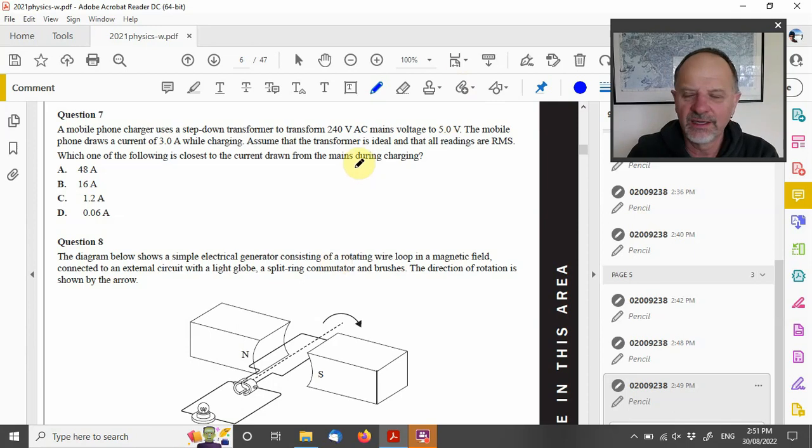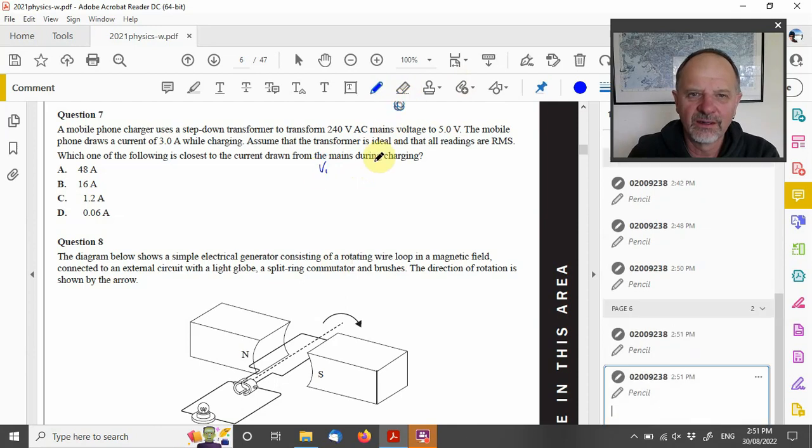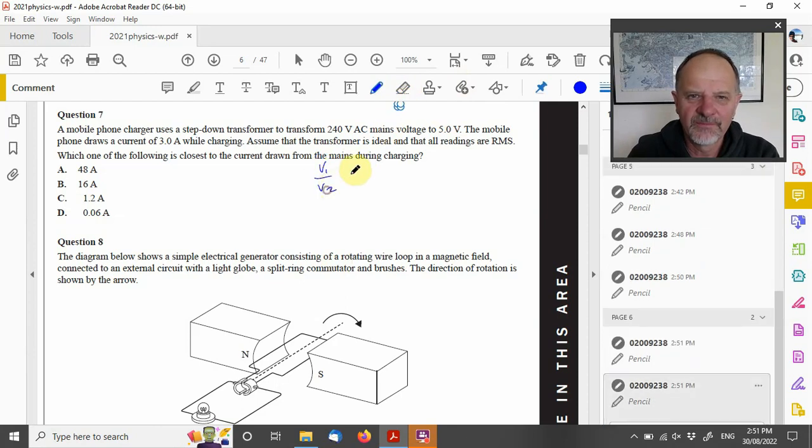Okay, so again, you need to know from the formula sheet, V1 on V2, and then we're looking at current, so current 2 over current 1.